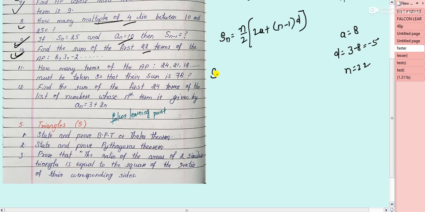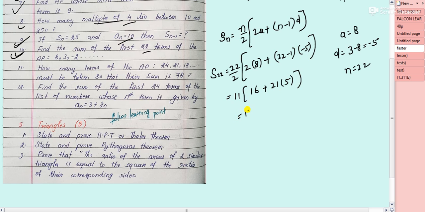Okay, and n they have given, 22. So just substitute. S22 is equal to 22 by 2 into 2a. a is how much? 8, plus (22 minus 1) into d, which is minus 5. So here we'll get 11. 8 twos are 16, plus 21 into 5, correct? So 11 into (16 plus ...), 5 ones are 5 and 5 twos are 10.